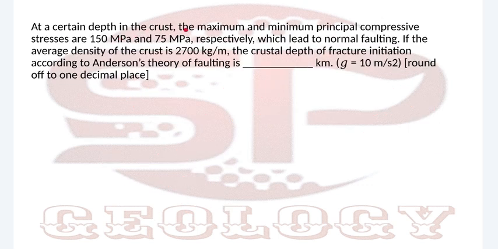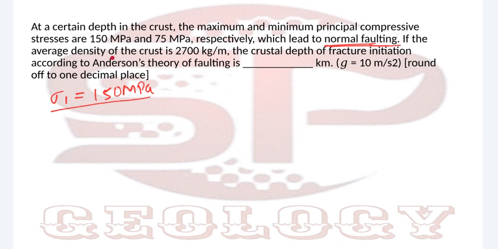At certain depth in the crust, the maximum and minimum principal compressive stresses are 150 MPa and 75 MPa respectively, which lead to a normal fault. Here the normal fault indicates that sigma 1 is vertical, so sigma 1 will be 150 MPa.